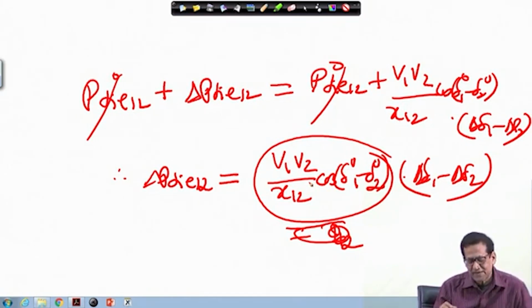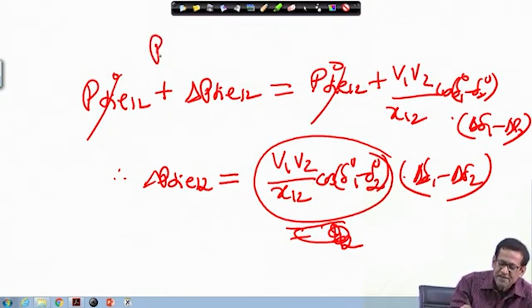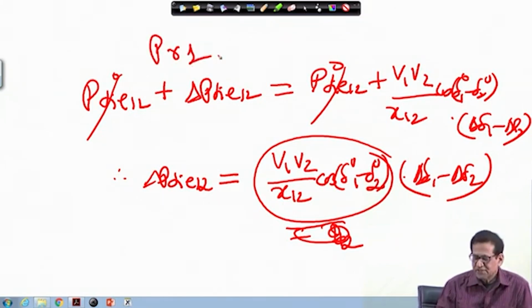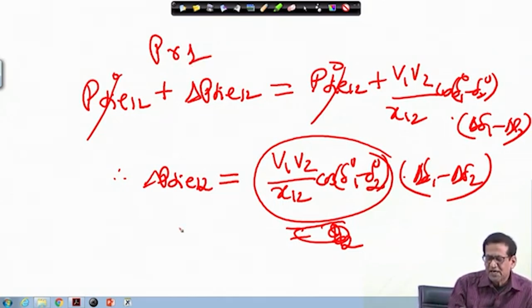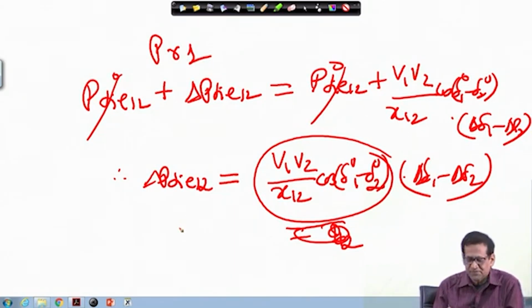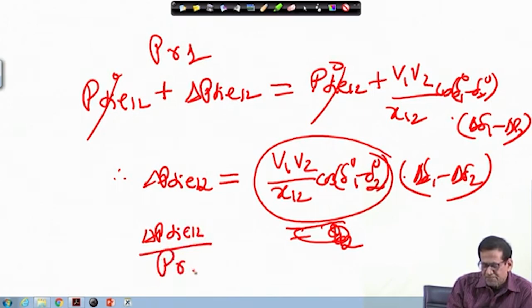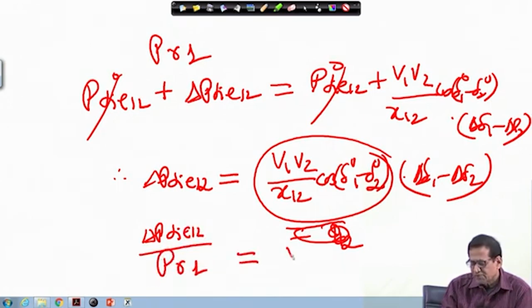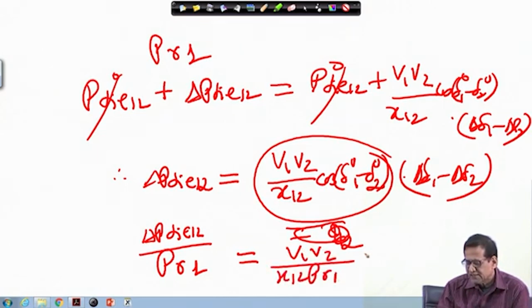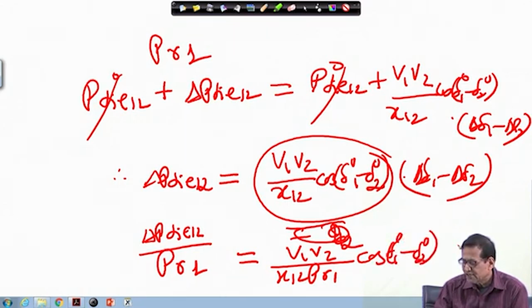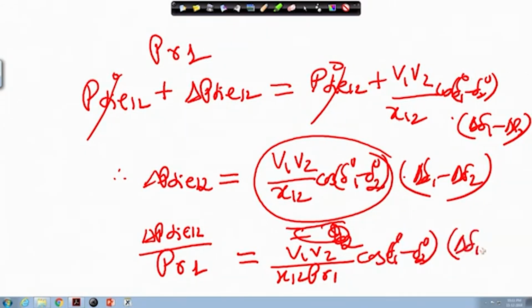Now, if the rated capacity of area 1 is PR1, and you divide both sides by PR1, then ΔP_tie12 divided by PR1 is equal to (V1 V2 / X12 PR1) cos(δ1^0 − δ2^0) (Δδ1 − Δδ2).